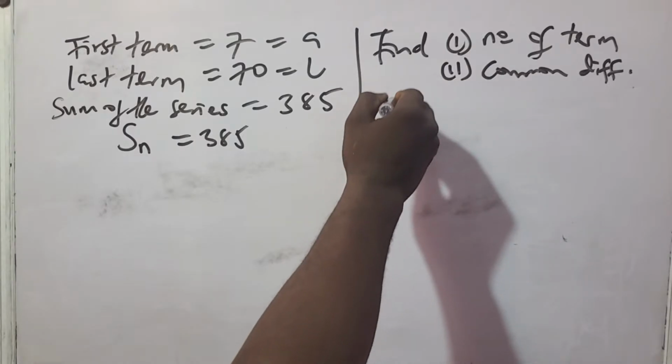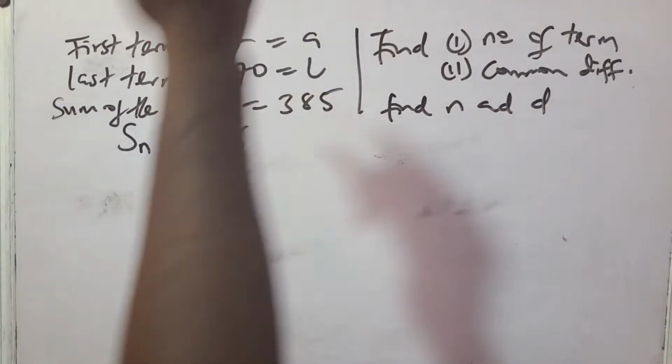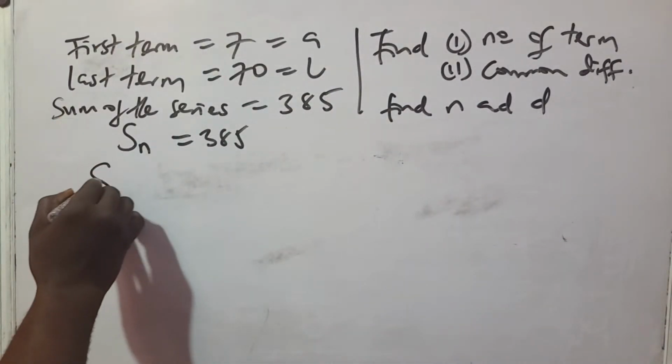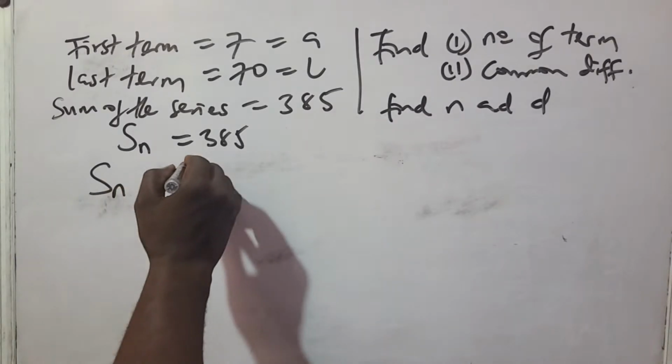So we're interested in finding N and D, the common difference. From our formula for the sum of the series of an AP, we have two different formulas we can use, but when we are given the first and last term, the formula to use is n over 2 times (a plus l).